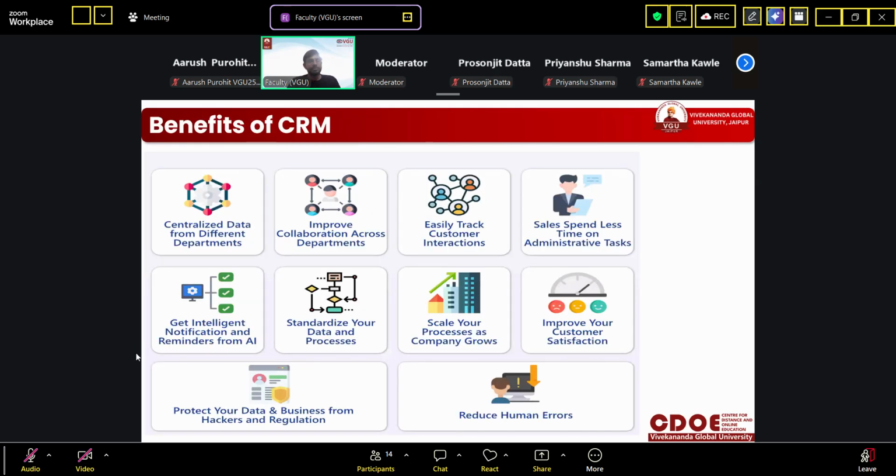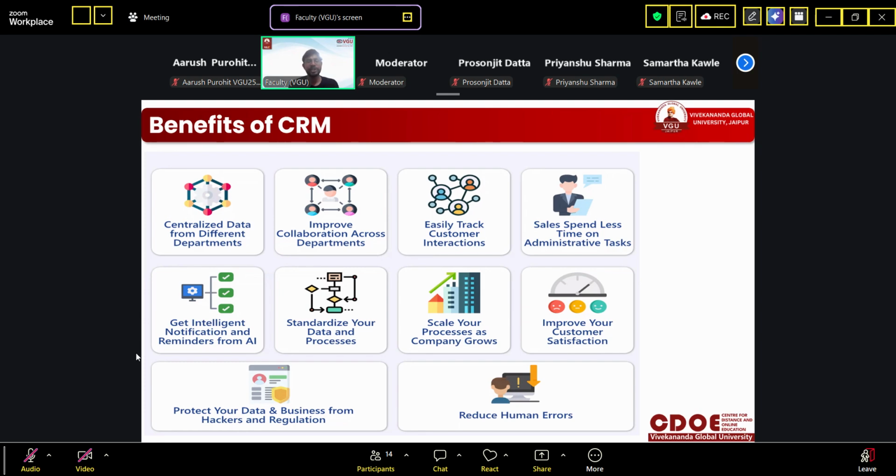What is the benefit of CRM? It provides centralized data from different departments. It improves collaboration across departments and makes it easy to track customer interactions. Sales staff spend less time on administrative tasks. We get intelligent notifications and reminders from AI.